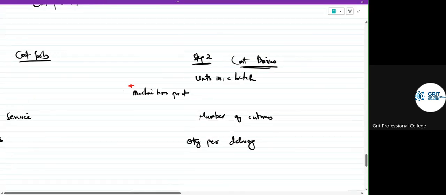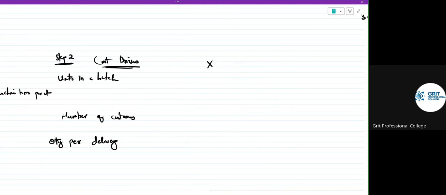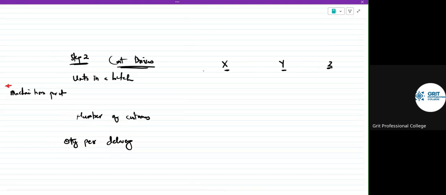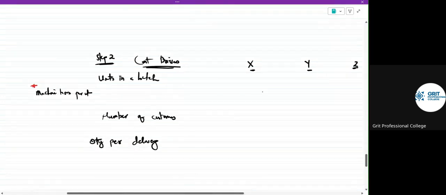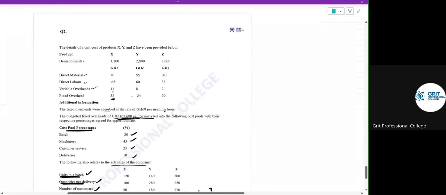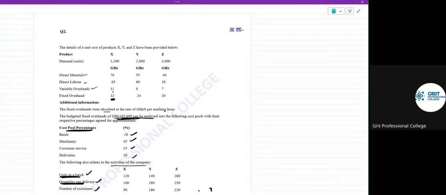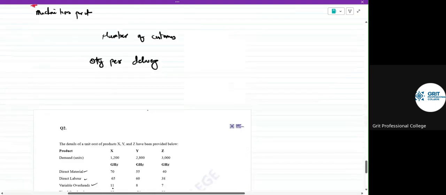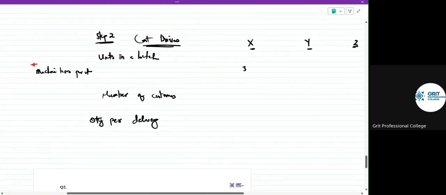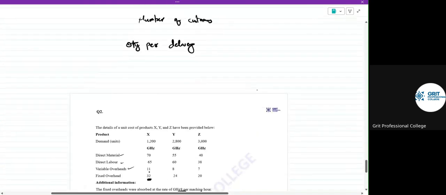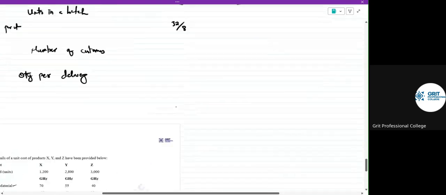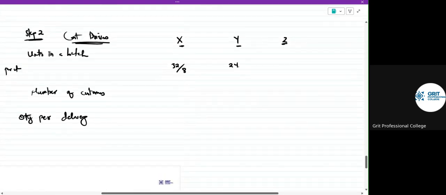So again, we have 3 products, X, Y, and Z. For the machine hours per unit, X will be the 32. This is cost per unit, and once we divide it by the 8 cedis, it will give us the machine hours per unit. So that will be 32 divided by 8. Y will be 24 divided by 8. I hope you follow.